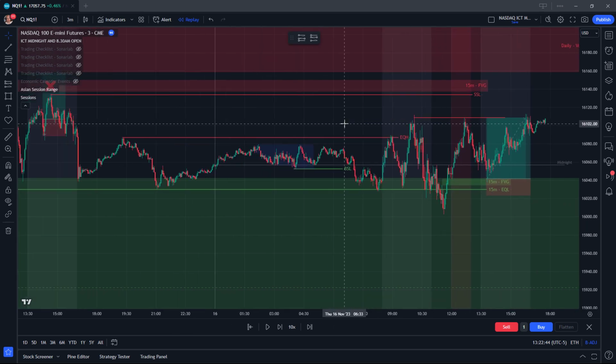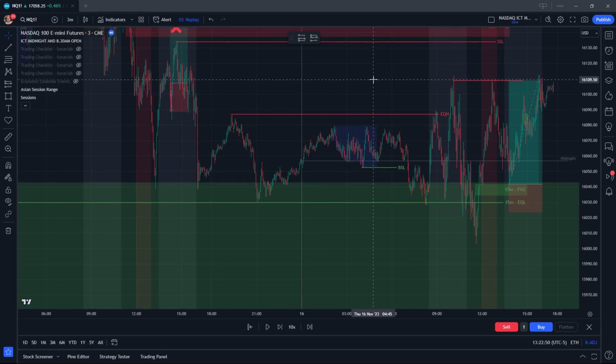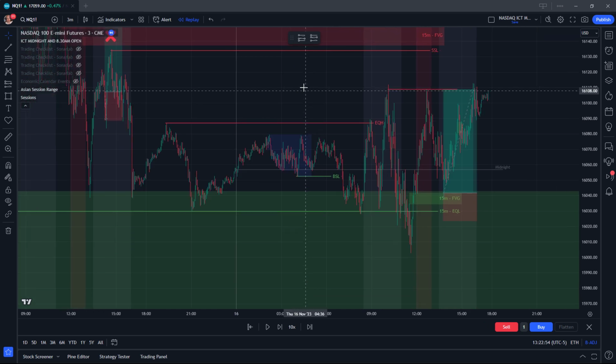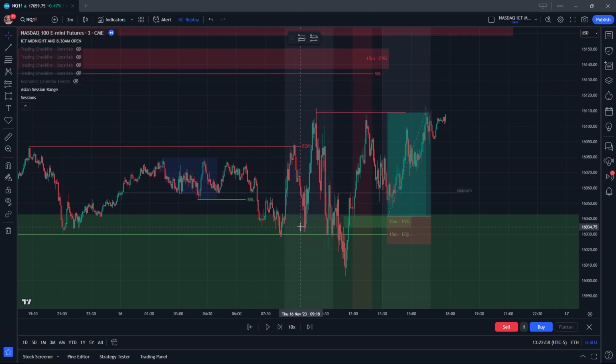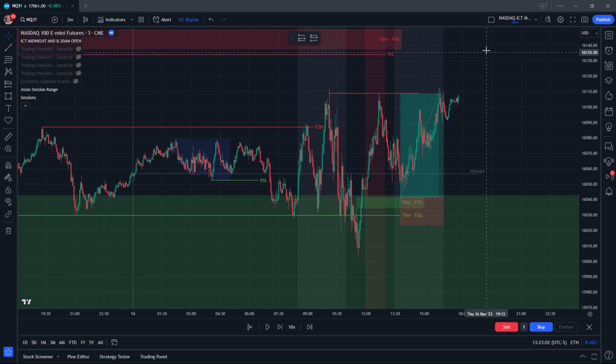That's a pretty significant level to be rejecting off, a significant level of liquidity. We've already rejected here, and then we've rejected here, so the whole day we were expecting price to bounce off here and go towards one of these targets.